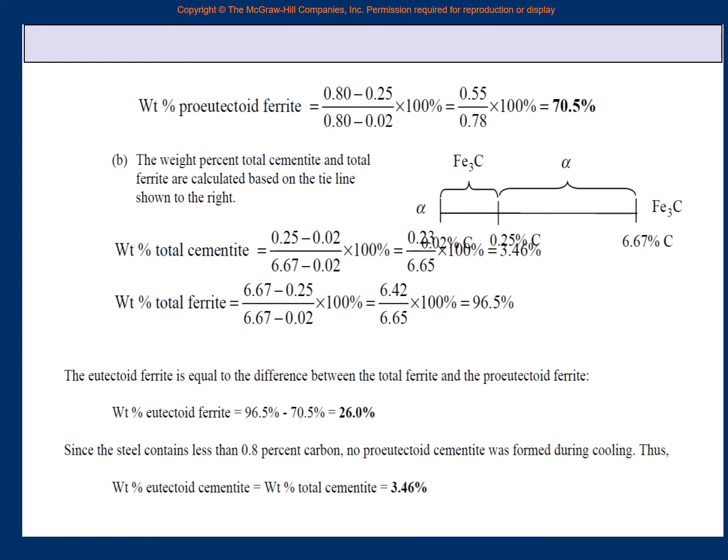The horizontal line, when it cuts some line on the left side and some line on the right side, this becomes tie line. So here, for example, when you are 723 plus, just above it, then the tie line cuts on the left alpha and on the right gamma. So this is your tie line, right?